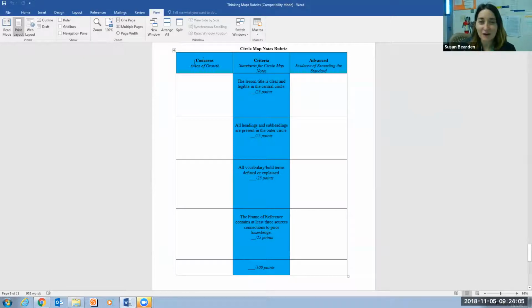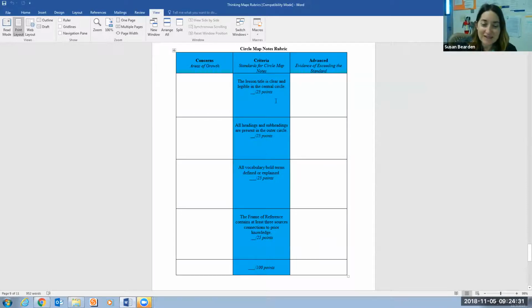You can see this column on the left says concerns or areas of growth. This is where you or your teacher could put notes about what things you might need to do better on your map. In the middle, we have the criteria. Those are the things we're required to have on our map to get 100%. And then on the right, we have this column that says evidence of exceeding the standard. This is where you or your teacher can put notes about what you did well. Kind of cool, right?